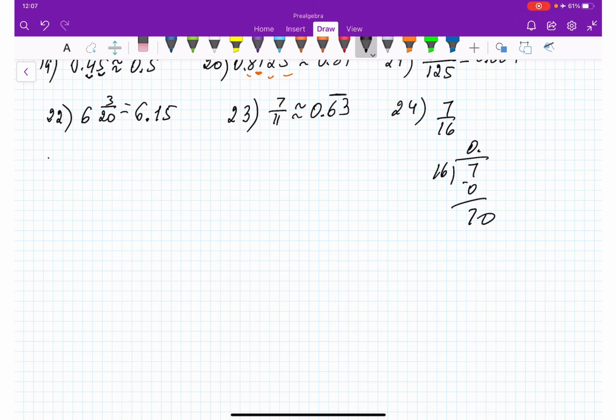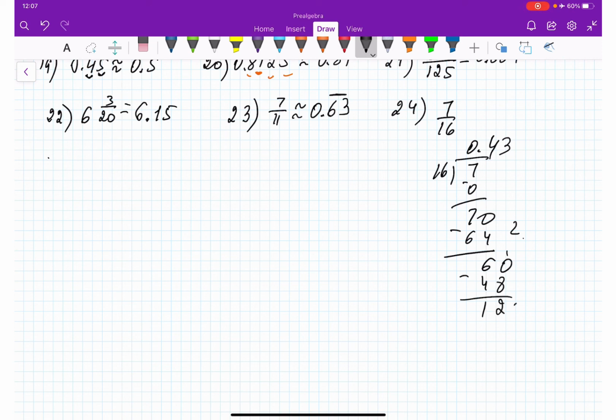Let's see, 70 by 16. 5 times is 80, no, it's not working. 4 times. 4 times 6 is 24, 2 in mind. 4 times 1 is 4 and 2, 6, so 64. Okay, remainder is 6. Adding 0. 60 divided by 16. 3 times 16 is 48. 5 times 16 is 80, too much. So it's going to be 3 times, 48.